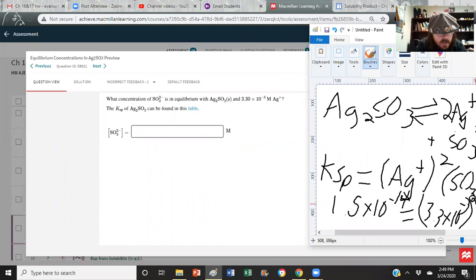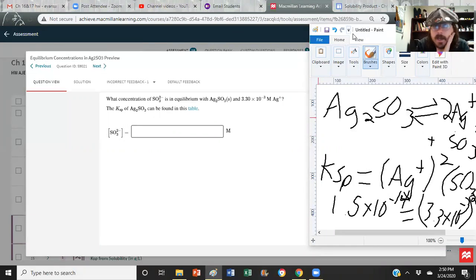So I'm going to take my KSP divided by my amount of silver squared, and that will result in the amount of sulfite that must be found in solution. And it's a really small number, but that is okay.